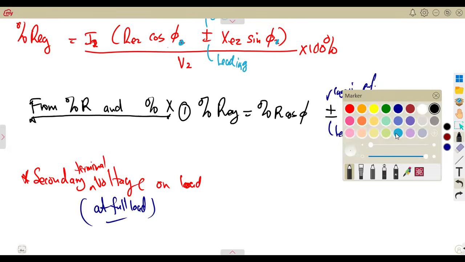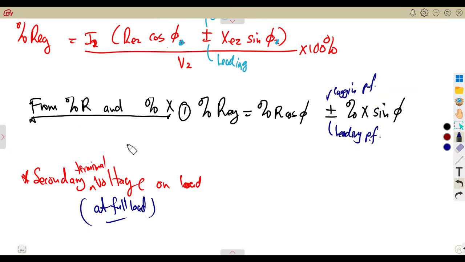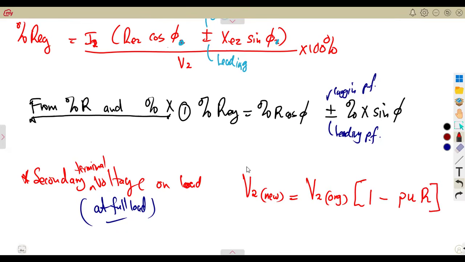I'm just going to write it as V2 new so that we can understand, because guys, there's a lot of things that we can actually have there. V2 new, which is the new voltage, can be obtained from the original that we had before, V2 original, the one that you're given from your information, multiplied by 1 minus the per unit regulation. Take note, per unit regulation, not percentage regulation.